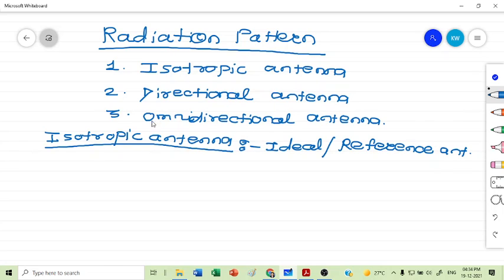Because isotropic antennas radiate equally in all the directions. For an actual antenna, it is not possible to radiate in all the directions, so it is an ideal antenna.